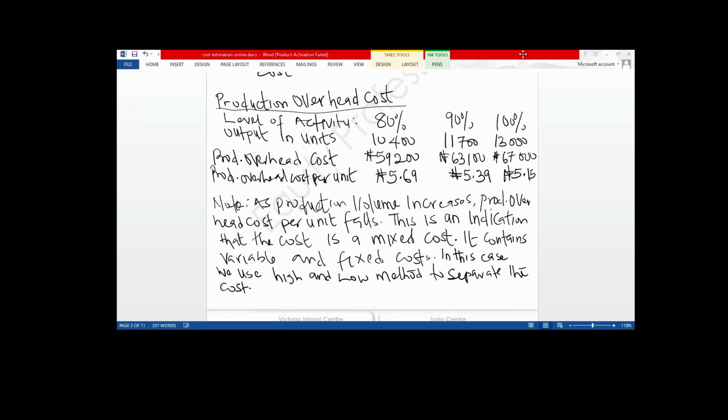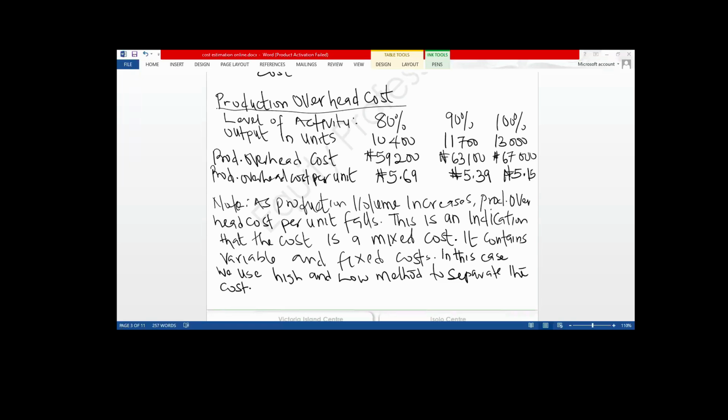Okay. I know where you are missing the point now. We explained that variable cost is that cost that varies with the volume of production. Now, how come this cost is remaining the same? When we say variable cost, these are costs that vary in direct proportion with the volume of production.